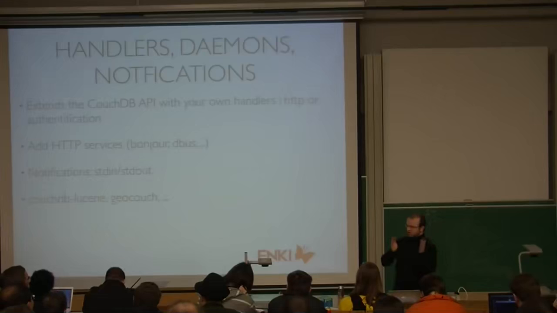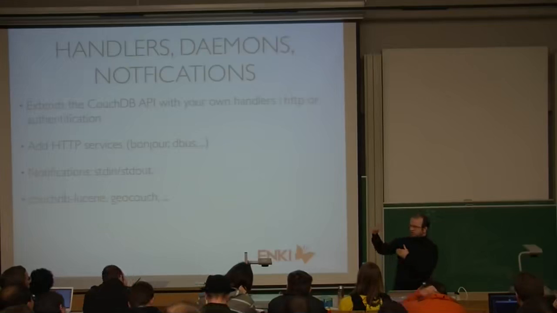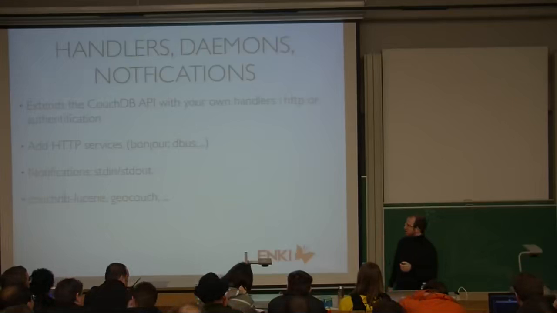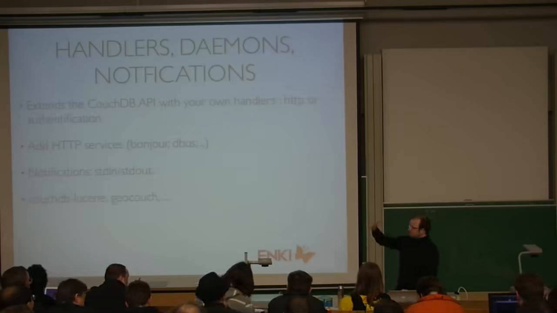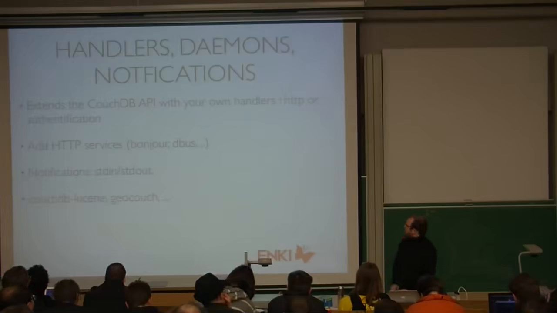The way you see a database is another handler. So if you want to rewrite one handler of CouchDB, rewrite your own view system, or add new ones, like adding full text search, which is possible with CouchDB Lucene, you can do it. Write your handler, add it to CouchDB, and it will be used as any other service in CouchDB.